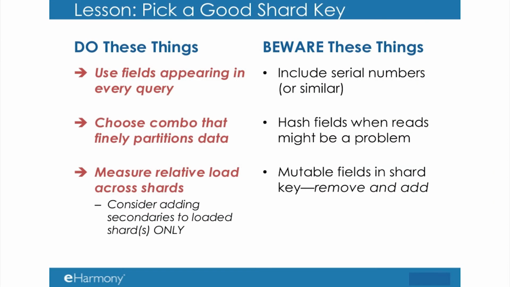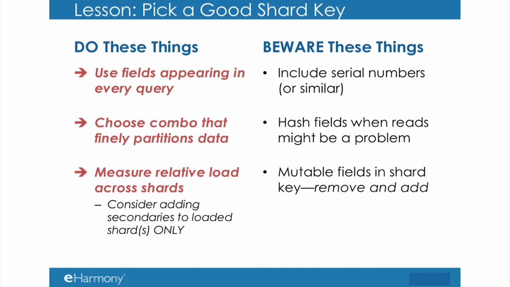If you're doing a write-heavy application, you don't have a lot of reads, maybe you don't really care about that. But maybe you do. So here's some specific tips. First of all, if you are concerned about read volumes, you want to be able to isolate your queries to particular shards.